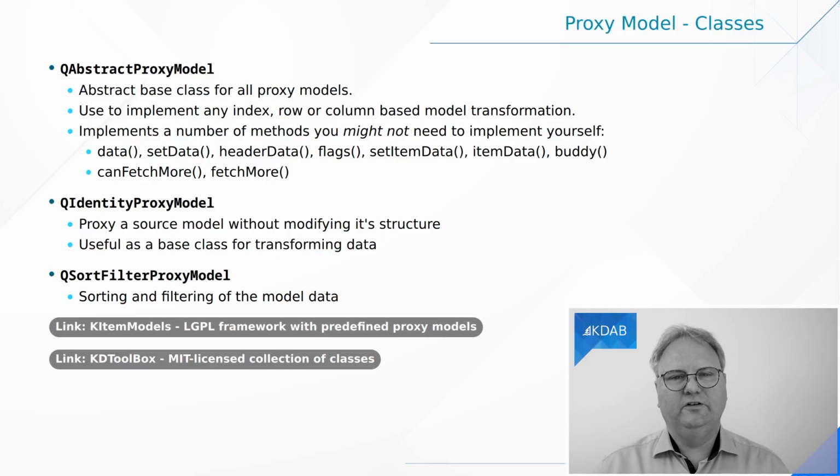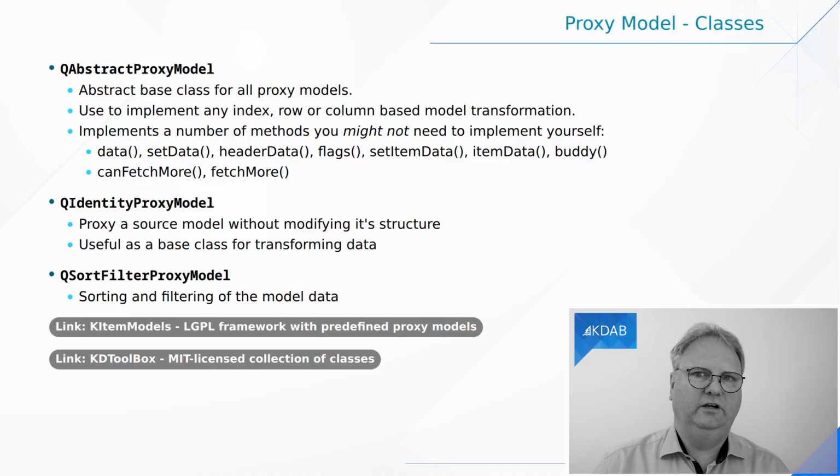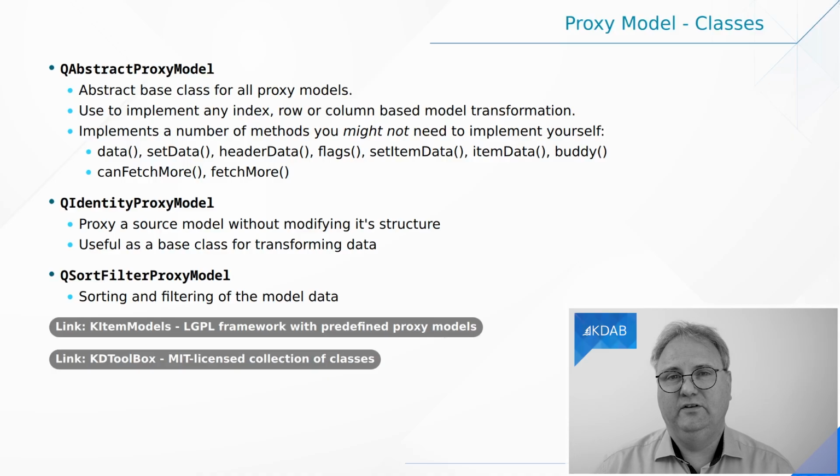But anyway, QSortFilterProxyModel is the one that you'll be using either for sorting or for filtering, and especially for the filtering part, you will most often subclass and implement a few methods. But if you need to do something where it's not just sorting or filtering and not just changing the data, possibly the display data into the foreground color roles data, but really changing the structure from a tree to a table or whatever, or from a table with dimension 8 times 3 to a table with dimension 3 times 215, I don't know.